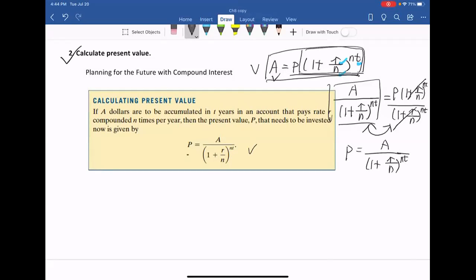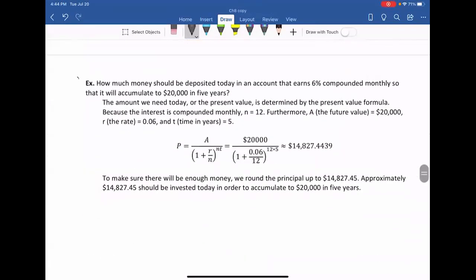So let's move on to the question. The example: how much money should be deposited today, which is asking you the present value, in an account that earns 6% compounded monthly, so that it will accumulate to 20,000 in 5 years.